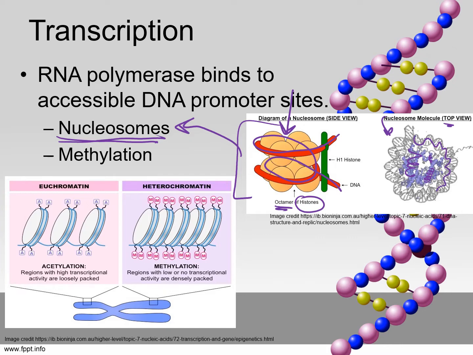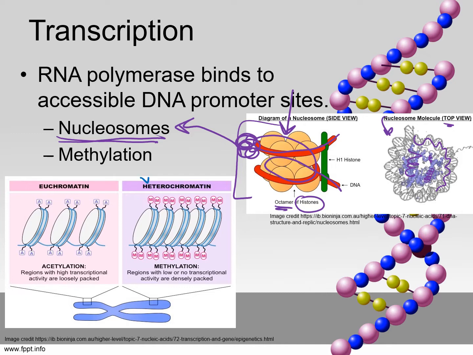So we can take some other molecules and we can add them to our histones and DNA, add them to our nucleosomes, and we can use those extra molecules to either add more access to the promoter site or we can close it down a little bit and turn it off.